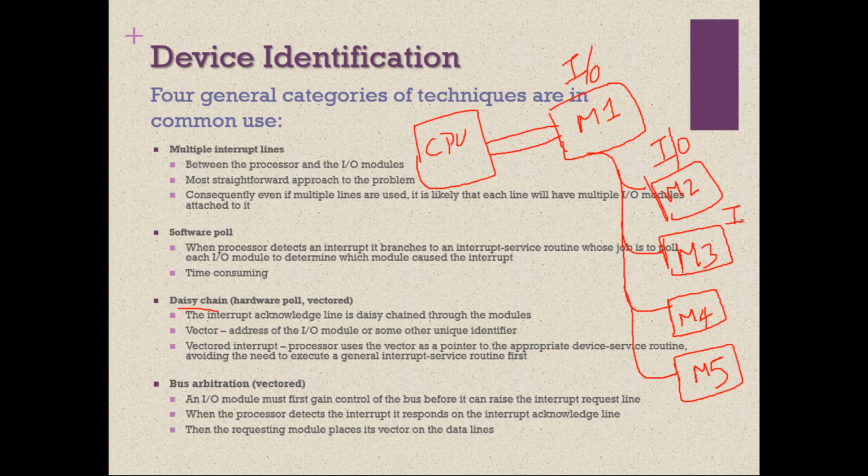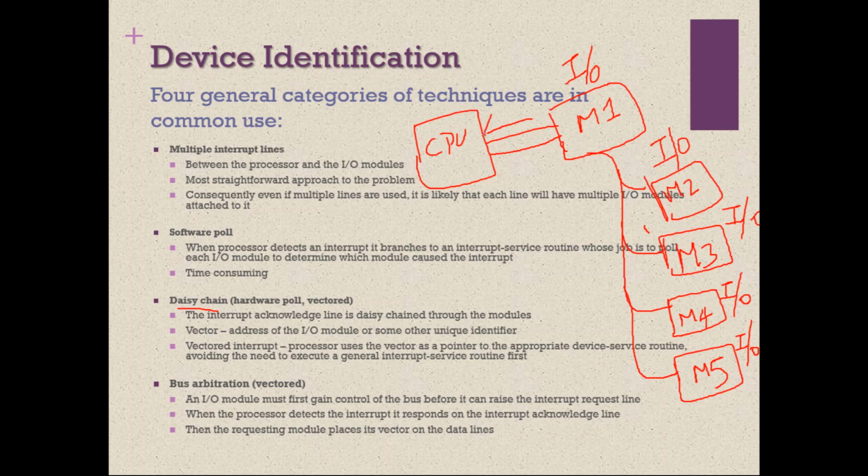If this daisy chain kind of setup is there, then what will happen? Assume that one of the devices is creating an interrupt. Assume that device 3 is creating an interrupt, through this line.